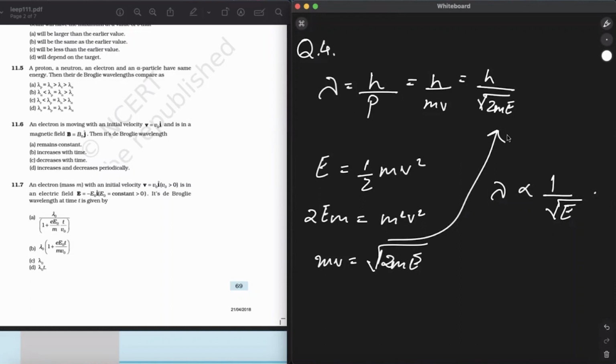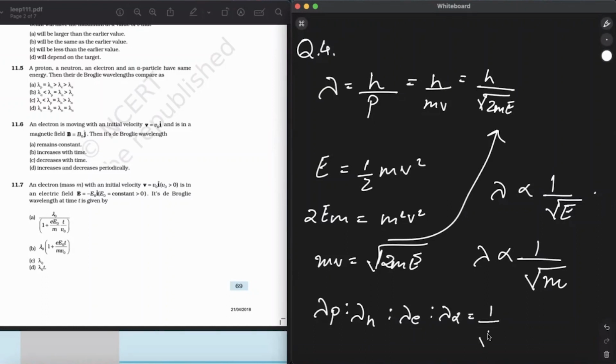Lambda is also inversely proportional to 1 upon root m. So lambda proton, lambda neutron, lambda electron, and lambda alpha will be in the ratio 1 upon under root mass of proton, 1 upon under root mass of neutron, mass of electron, and mass of alpha particle.